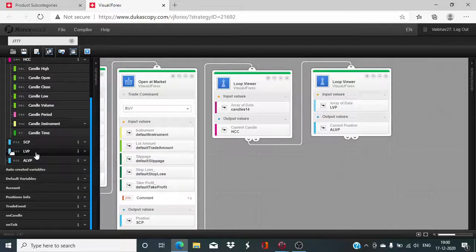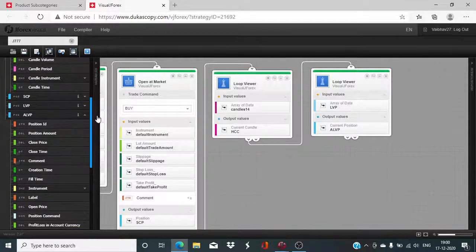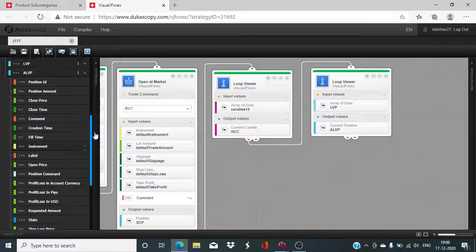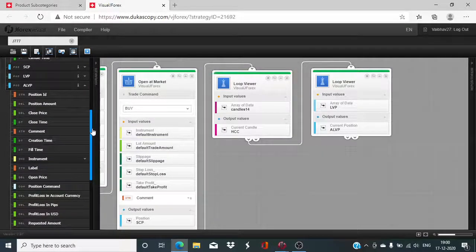Now this is a directly created variable, so we are not going to see much difference. But when we are using the cluster of positions, which suppose if you have multiple positions open in your account and you want to use any particular characteristic of any position, then the loop viewer comes handy, and in those circumstances it will do its job, and all these individual components become available to us to do the monitoring, and if the need arises, close or cancel it or modify any particular order associated with it, for example the stop loss or the target price.